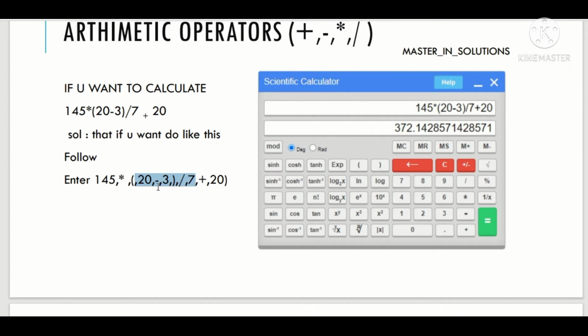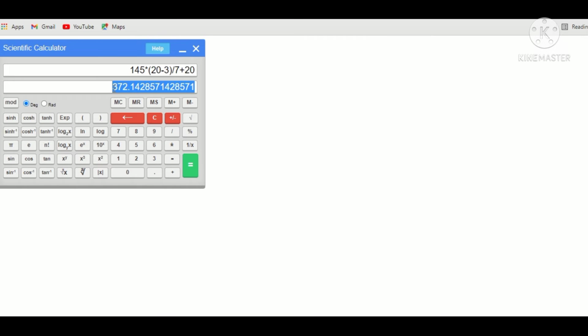After that we close the bracket and enter the division symbol, then the 7, then the plus symbol, and the number 20. When we complete this, we get the value 372.142 as we get in a scientific calculator.